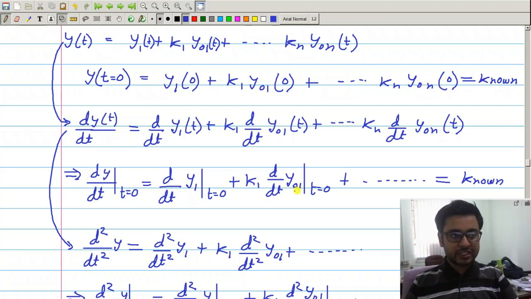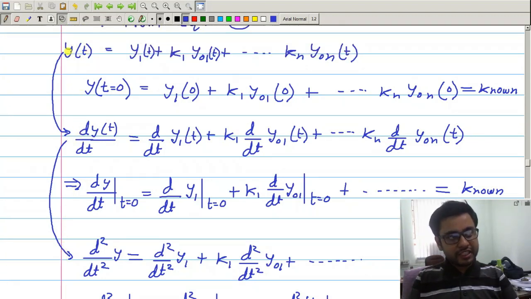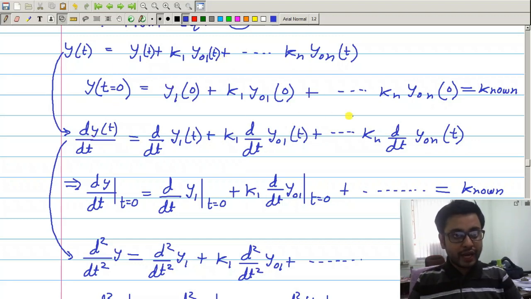Similarly, in this equation again k1, k2 will be unknown, everything else is known, and this way by differentiating this equation n minus 1 times you can generate n number of equations in terms of these unknowns k1, k2, kn.